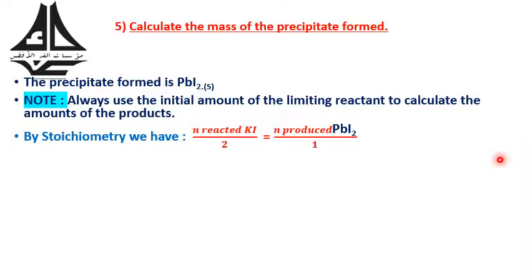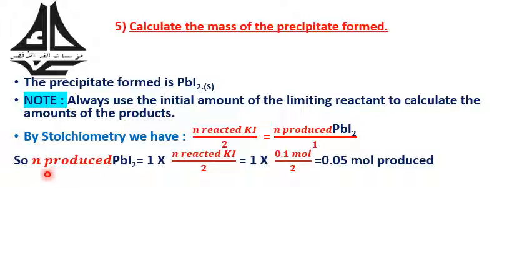So we have n produced of PbI2 equal 1 times n reacted of KI, which means n initial of KI, over 2, which is its stoichiometric coefficient, equals 1 times 0.1 mole, which is the initial number of mole of the limiting reactant KI, over 2.